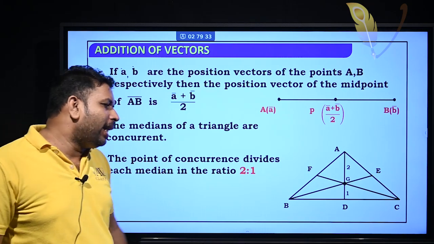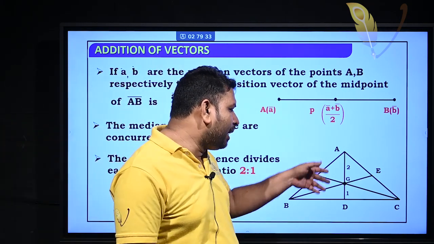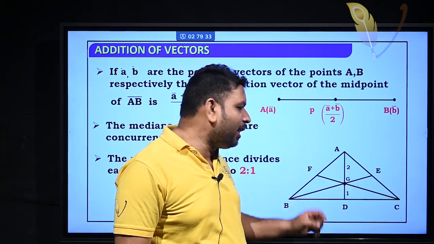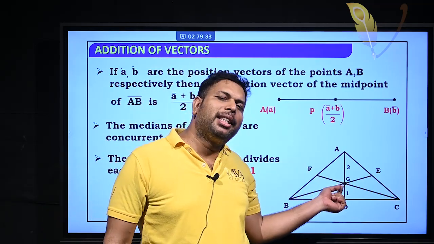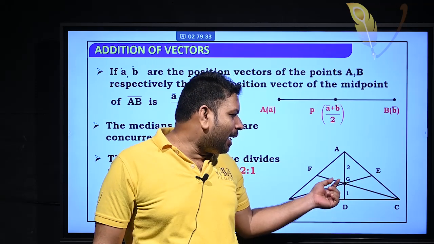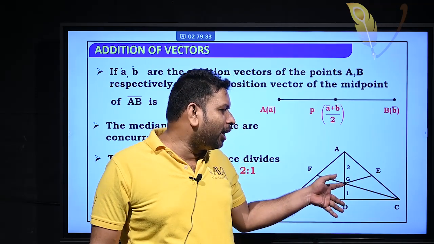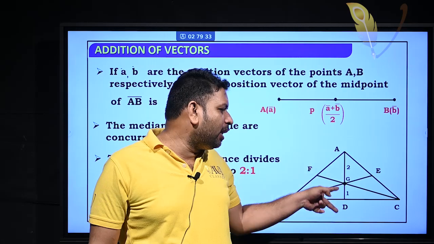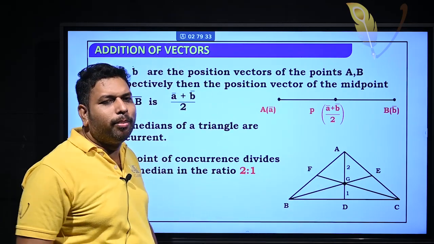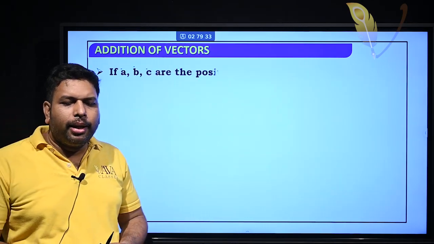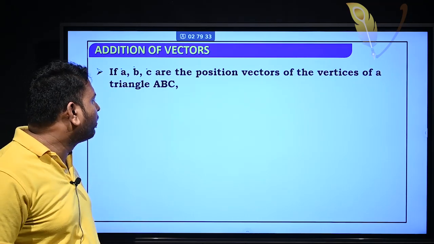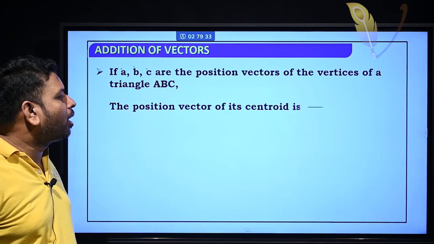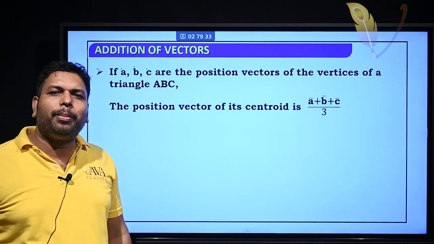Here ABC is a triangle, AD, BE, CF are three medians, they intersect at point G, so they are concurrent, and this point divides the median in the ratio 2 is to 1, that is AG by GD is 2 by 1. If a, b, c are the position vectors of the vertices of triangle ABC, the position vector of its centroid is (a plus b plus c) by 3.